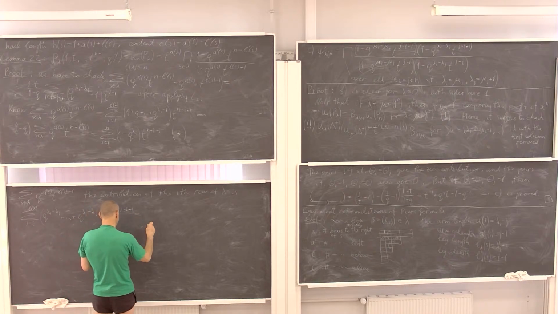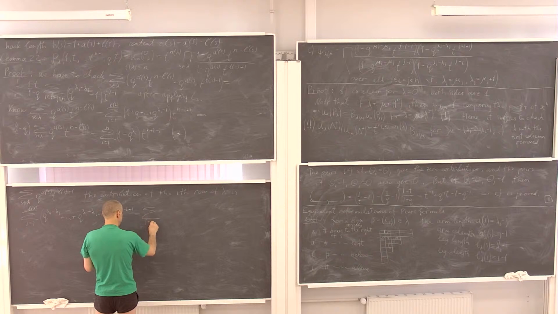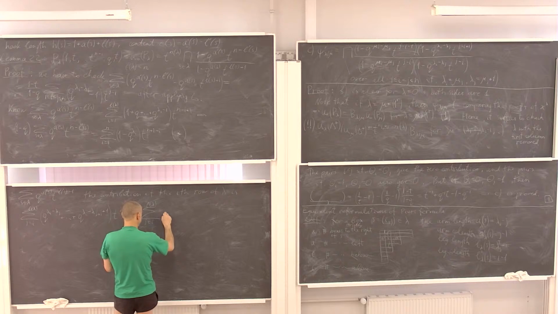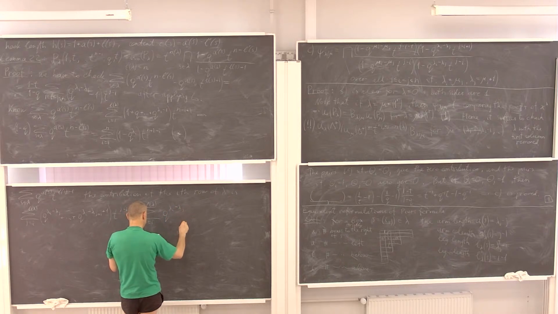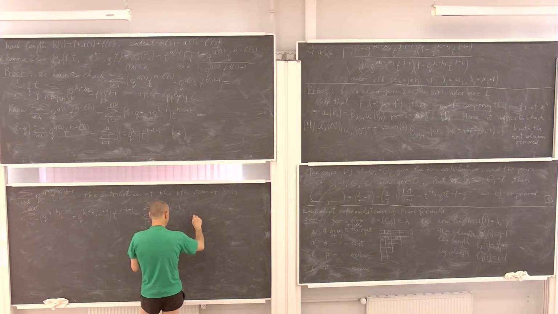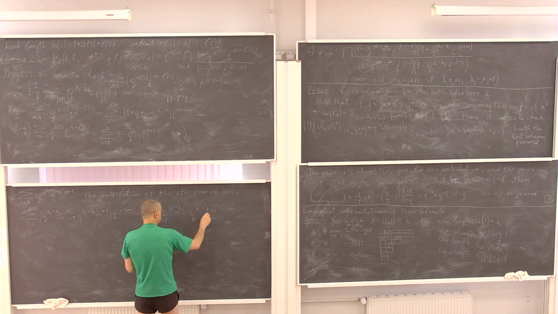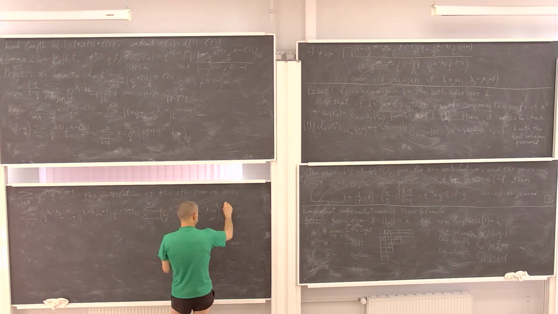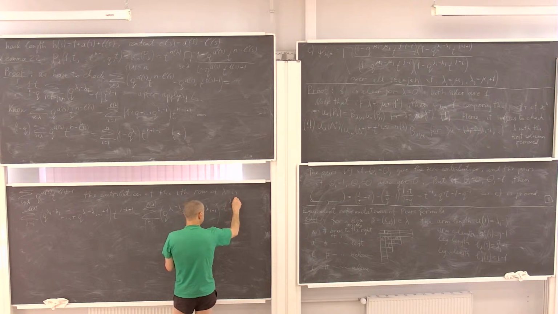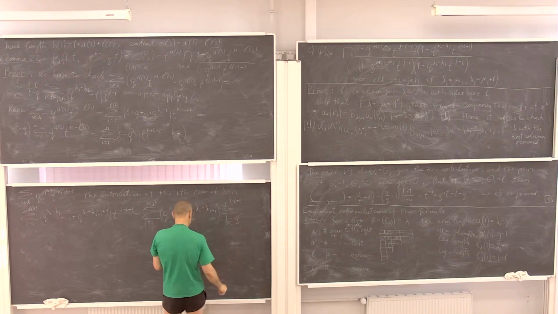And this is the sum from i to the length of lambda of q to the lambda i minus lambda j minus q to lambda i minus lambda j plus 1, times t to j minus i plus 1 over 1 minus q.